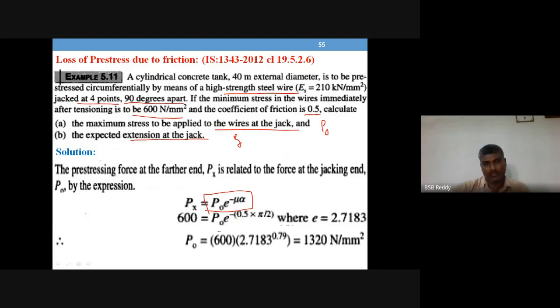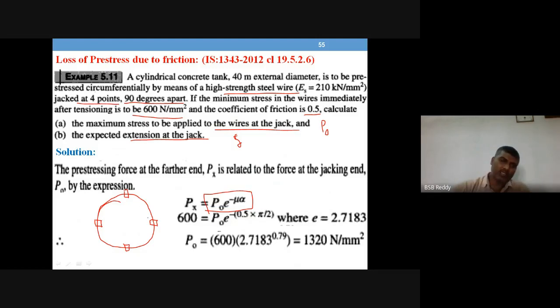So you have a cylindrical tank, 40-meter diameter, where there are 4 points which are 90 degrees apart, each on the periphery of the tank. So these are the 4 jacking points.